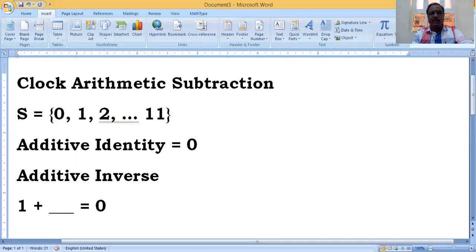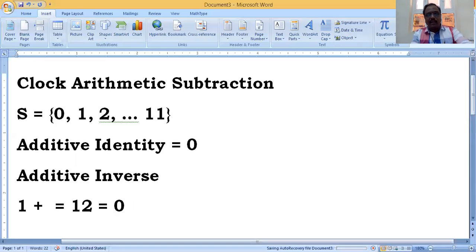But you know that when I add a number, the result will be above 0. In clock arithmetic, whenever we get a multiple of 12, the system will be reset to 0, because 0 is the additive identity. So whenever we find that the sum is 12, which is equal to 0, that number will be considered as the additive inverse.